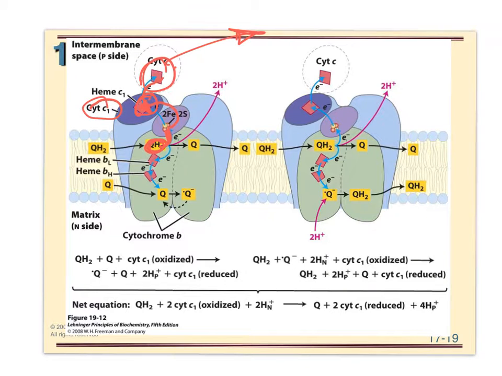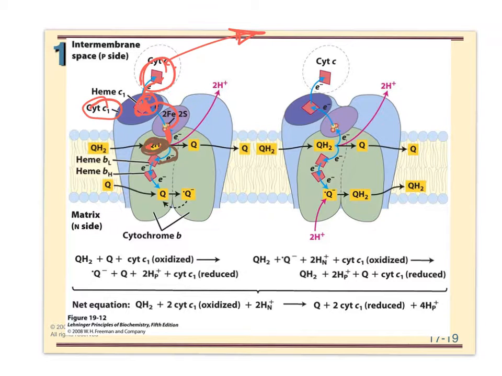But we can't leave this alone because there's still, let me change colors. Let's see if this color shows up. We still have that 2nd electron. Remember, we only got rid of 1. What the Q cycle does is that 2nd electron goes, I'm going to call it down, because it's down an electron potential gradient.